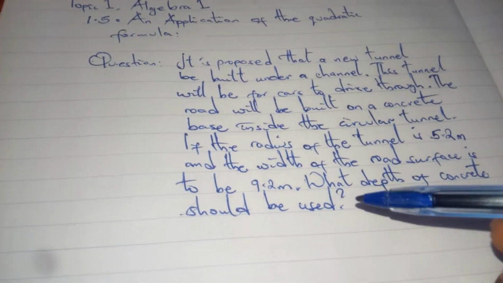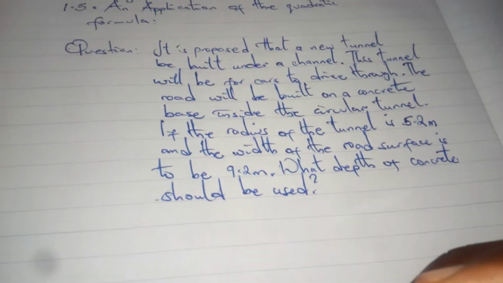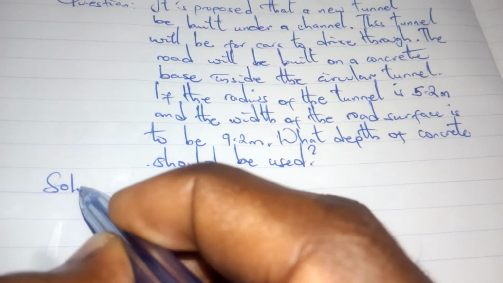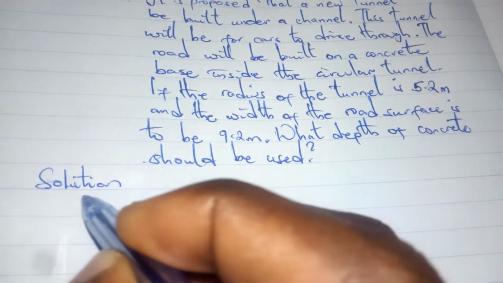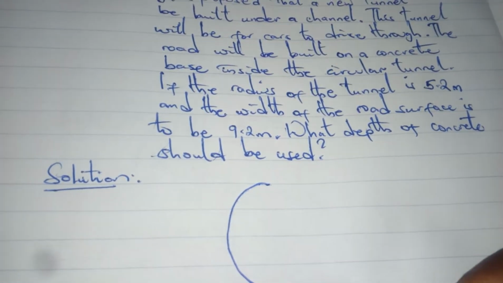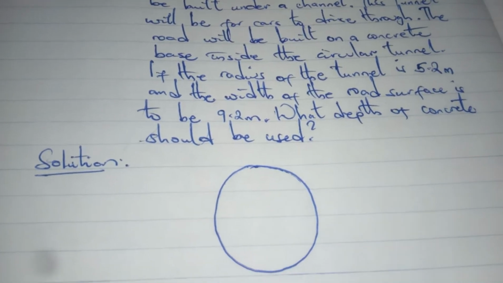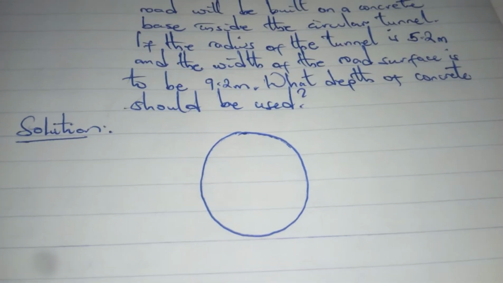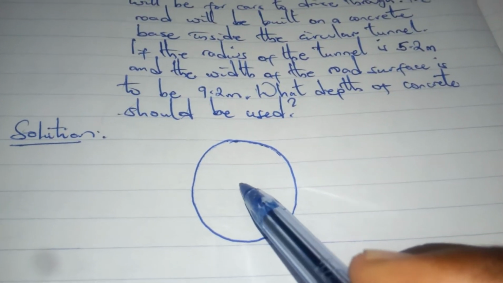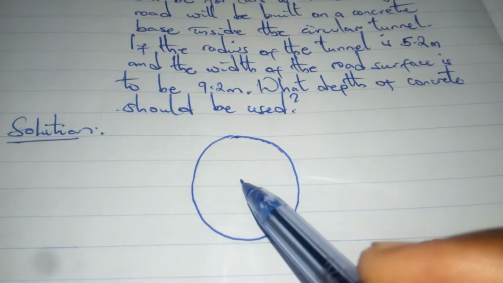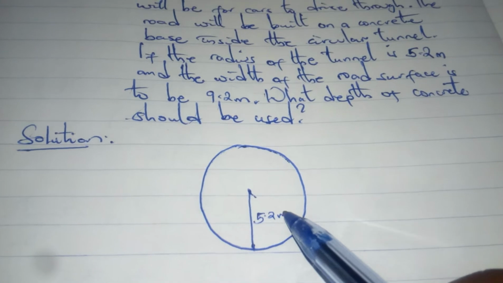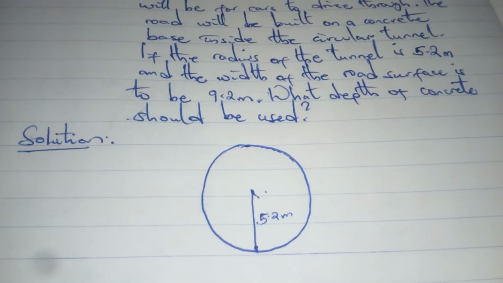If I'm to maybe draw for you here, we can sketch that. Let's say that's a circular tunnel that the engineer wants to build the road through. They said that the tunnel has a radius of 5.2 meters. That's the radius of the tunnel.